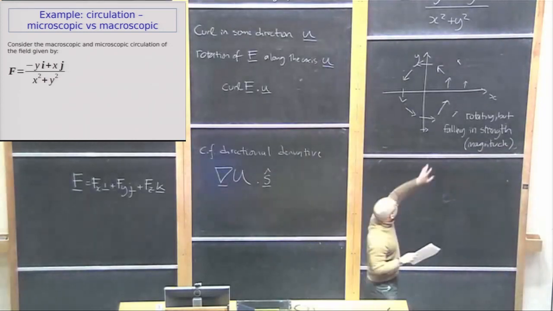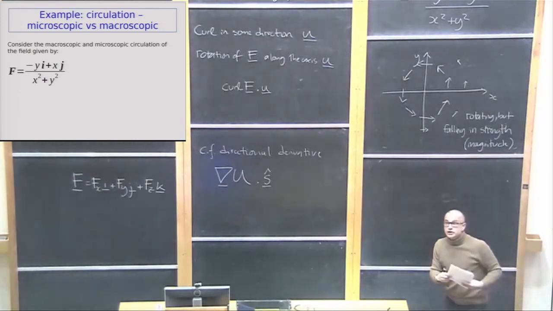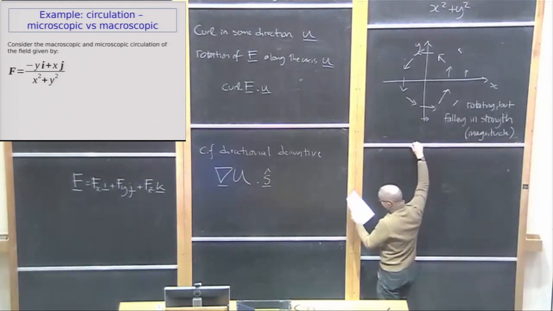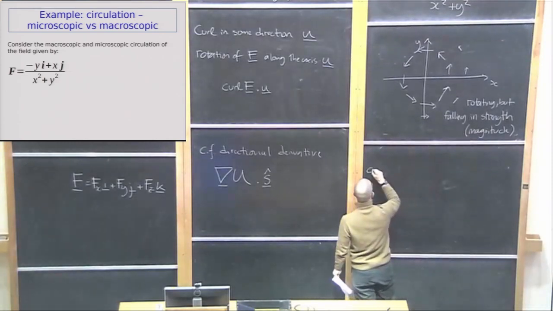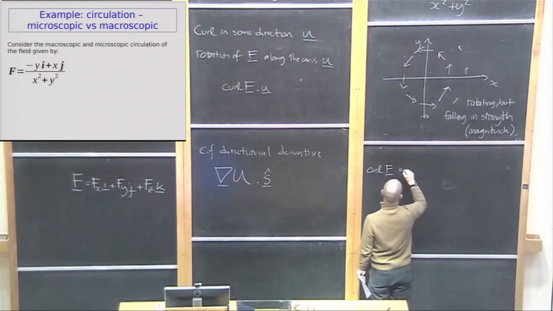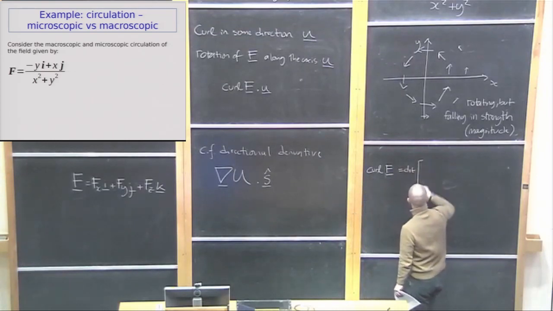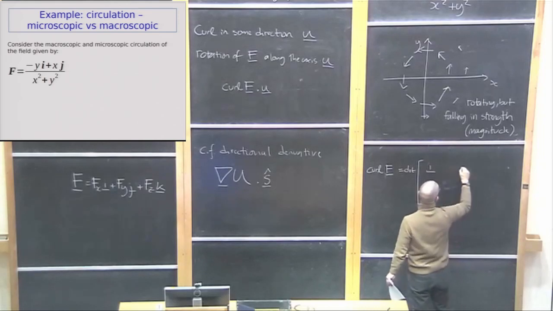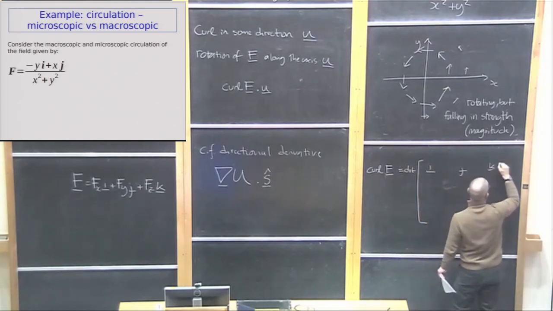Okay, clearly there's a large-scale rotation in that vector field. So now let's look at what the curl is like of this vector field. In this case, the curl of our vector field is the determinant of i, j, k.